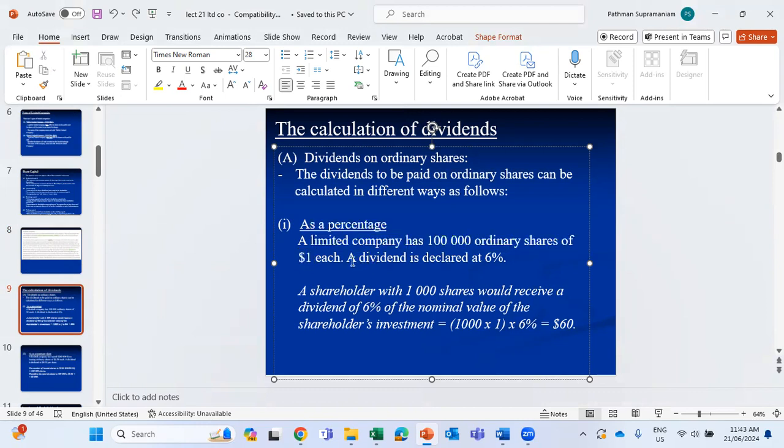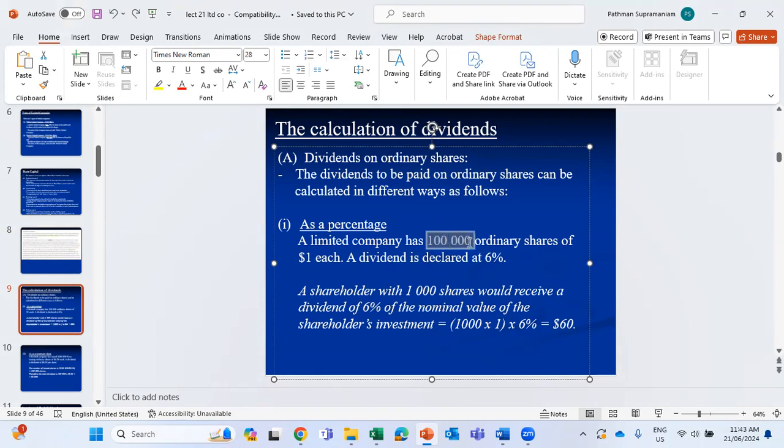So now we want to calculate dividend. The dividend is declared at 6%. So how to calculate dividend? Here, this 100,000 is total shares contributed by all the shareholders.